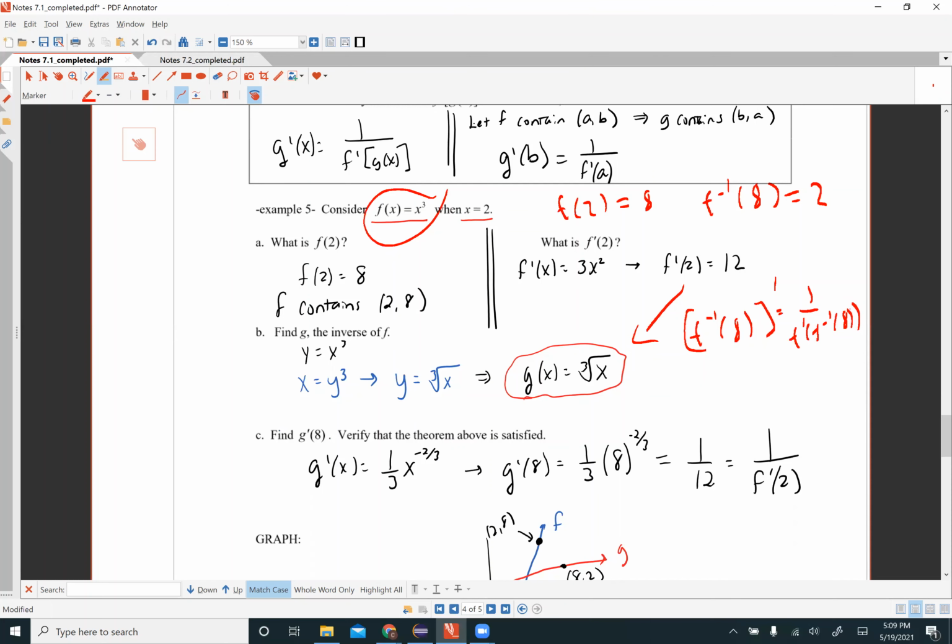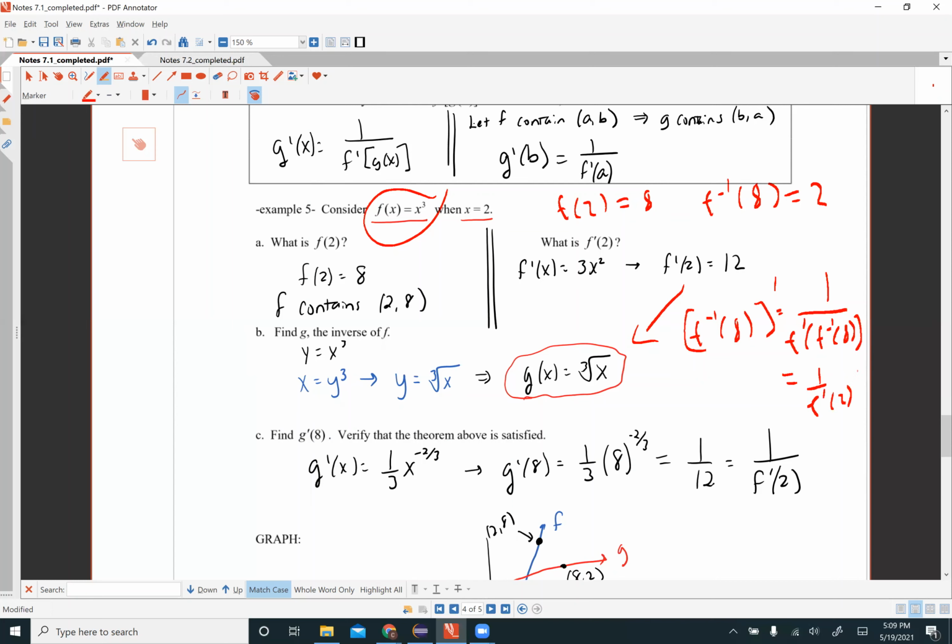Sorry, it's a little hard to read here; it's hard when I'm writing vertically. And f inverse of 8 is just 2, so it's 1 over f prime of 2.